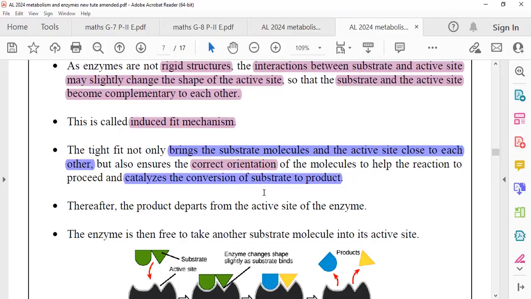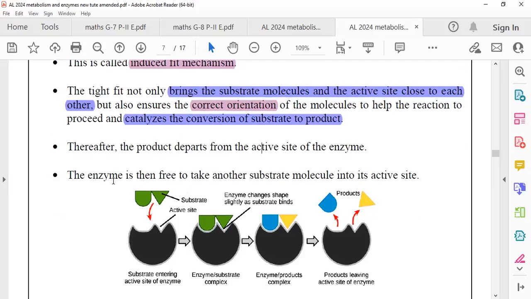The middle one is the substrate molecules are directed in the correct orientation. If the correct orientation is there, only then will the product be correctly formed. Are you clear? Clear, sir. Thereafter, now with all these, the product has formed. After the product is formed, is there any need of the enzyme?